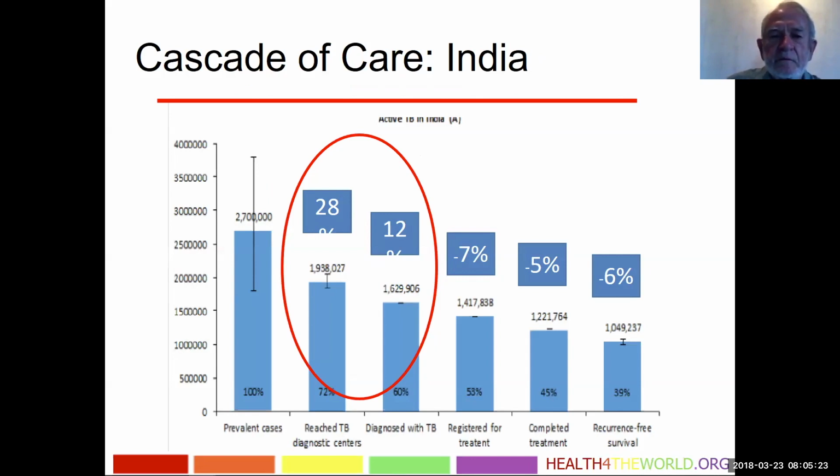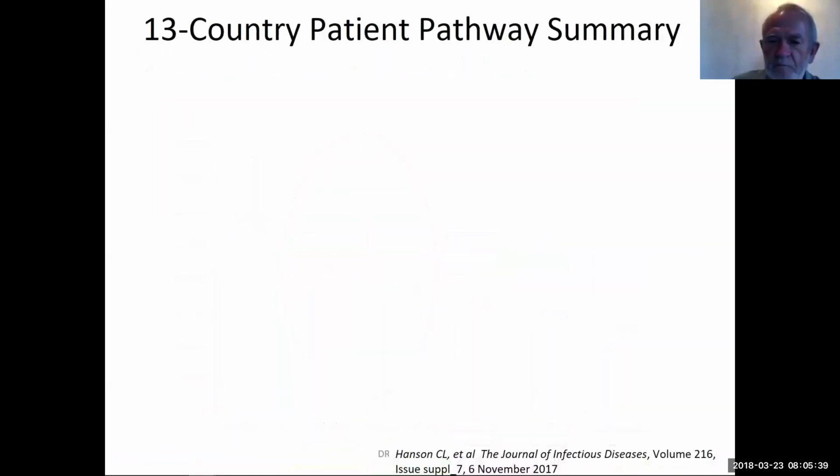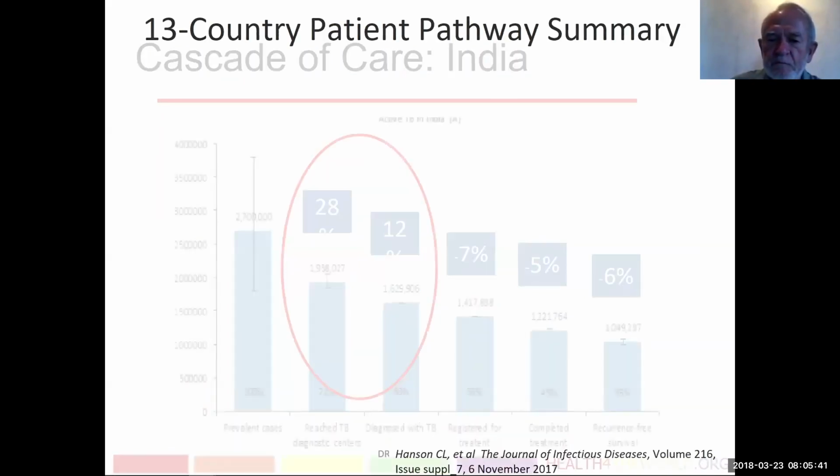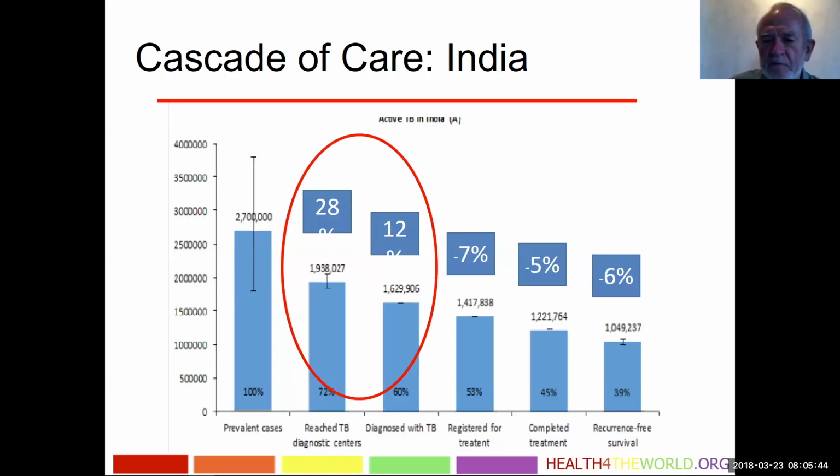And then what this study does is go step by step through the access to a diagnostic center, to actually being diagnosed with tuberculosis, being registered for treatment, completing treatment, and having recurrence-free survival.